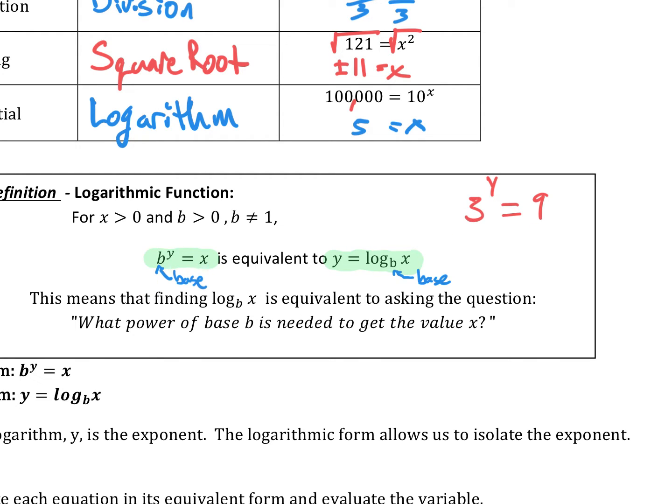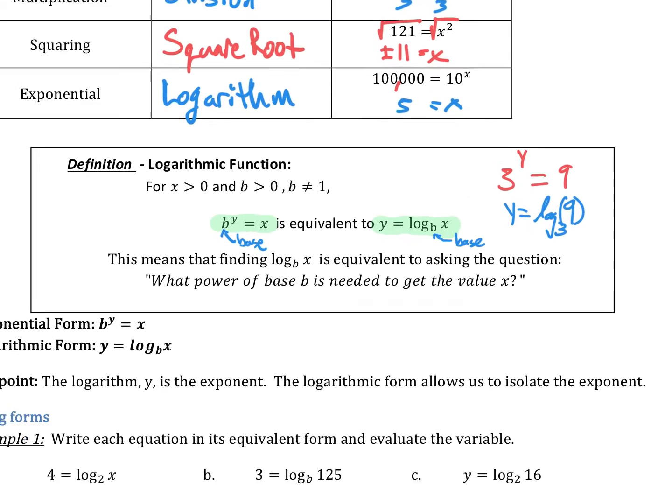So this is saying what power of base b is needed to get a value of x. All right, and in this little case over here, it's obviously going to be 2, but we can rewrite this. This is the same as saying y equals the log base 3 of 9. So we're saying, what is the power we put on 3 to get 9? That's what this means.